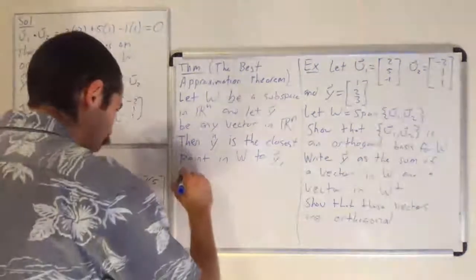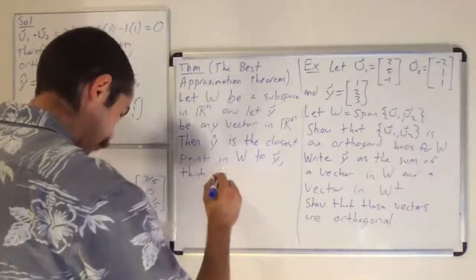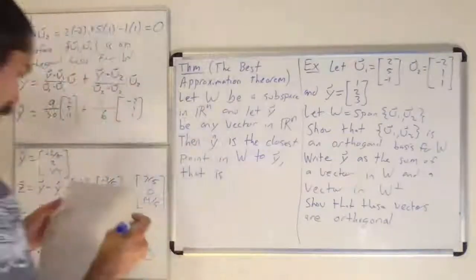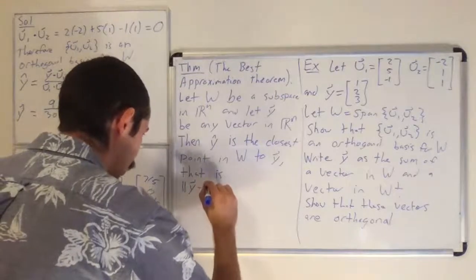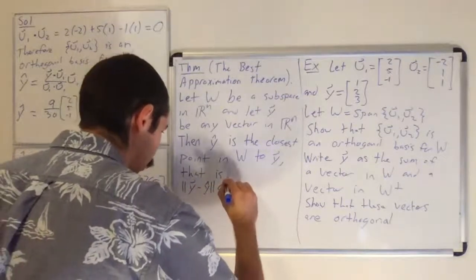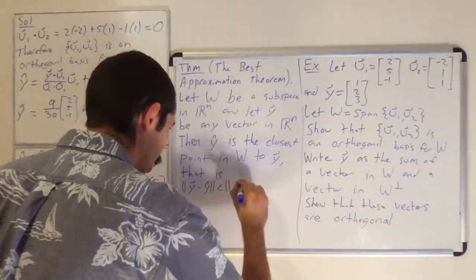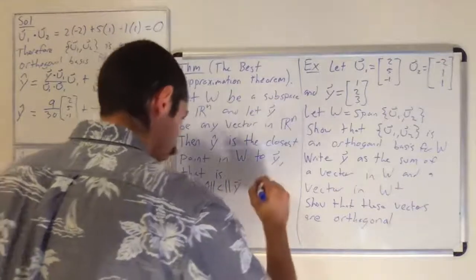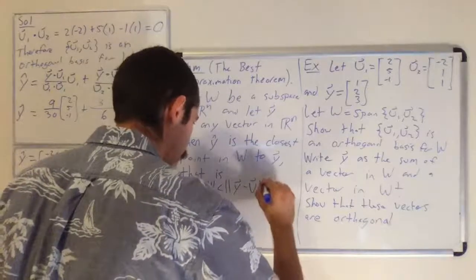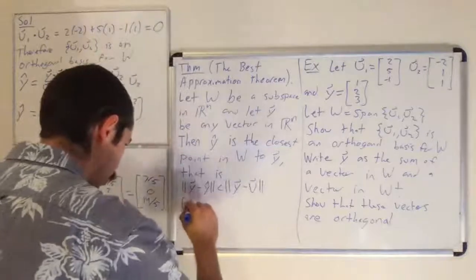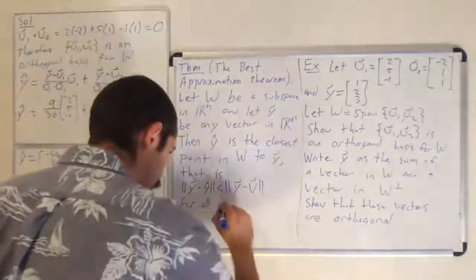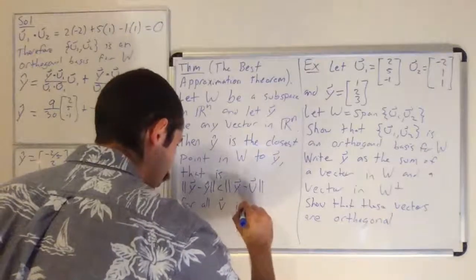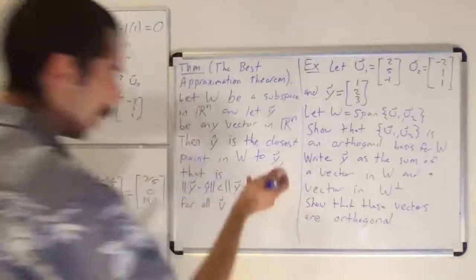That is to say, the magnitude of Y minus Y hat is less than the magnitude of Y minus V for all V in W that are not Y hat.